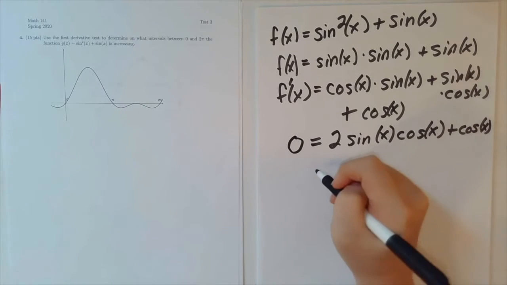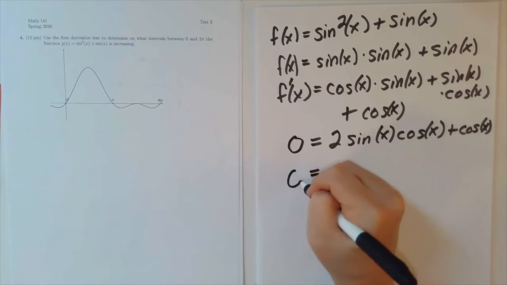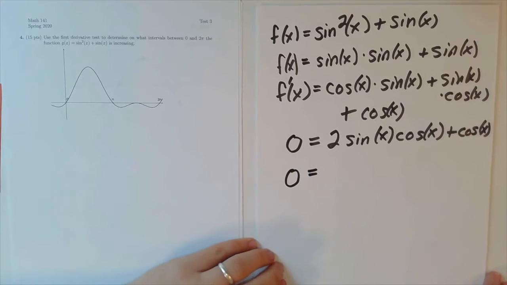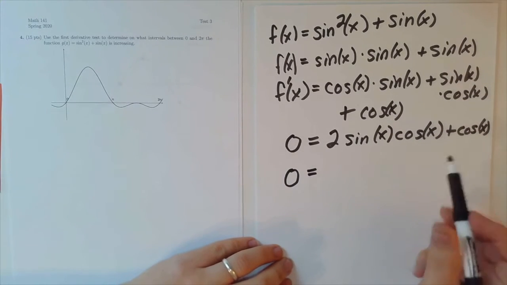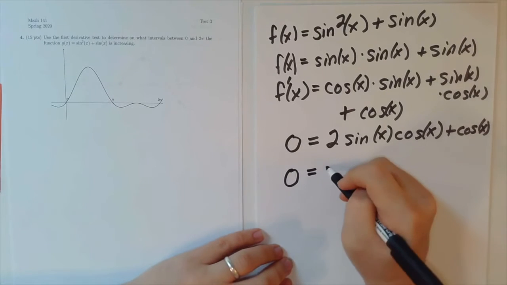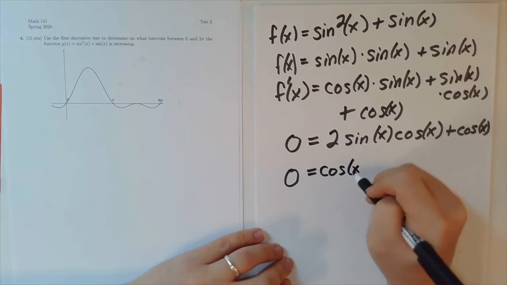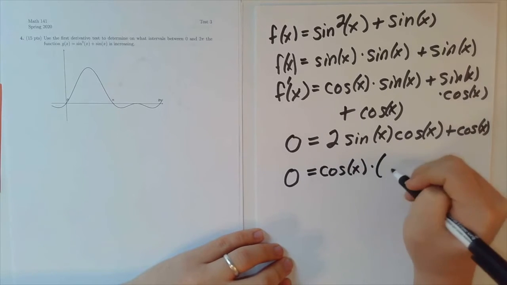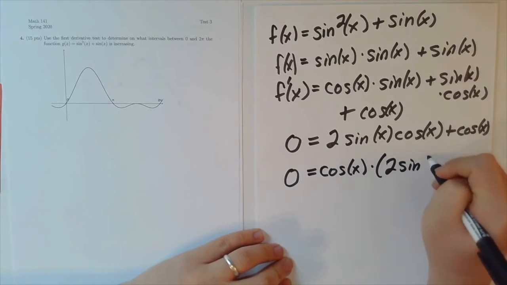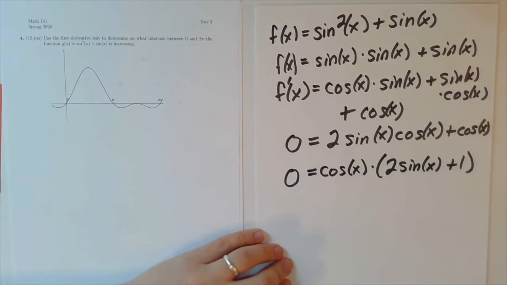So the way I'm going to solve that is to use this trick that we've seen a lot throughout this whole course sequence, which is I'm going to factor this thing that I have left over. And the thing I notice factors out of this is cosine of x. So here this is cosine of x times 2 sine of x plus 1.